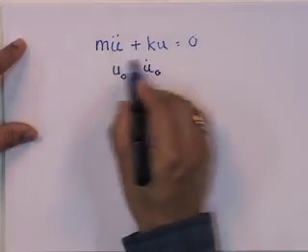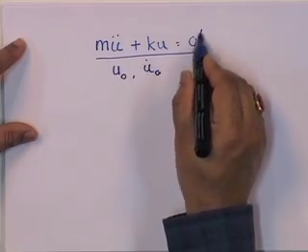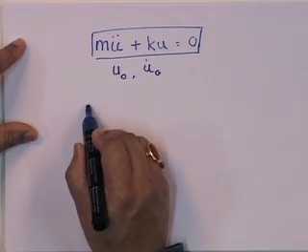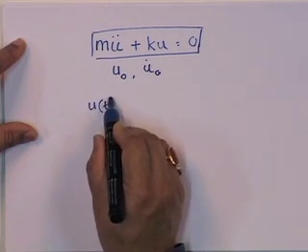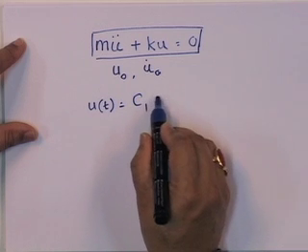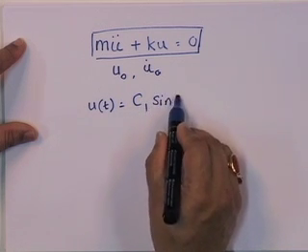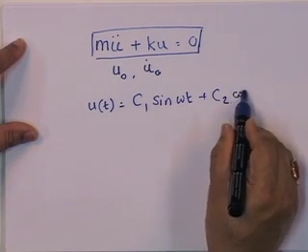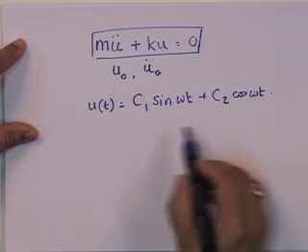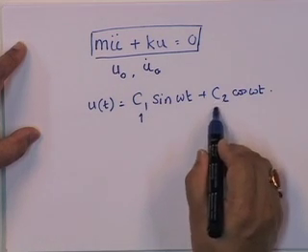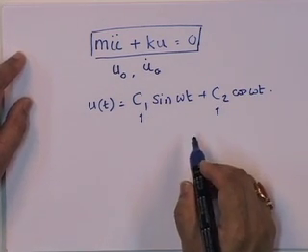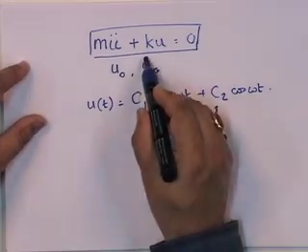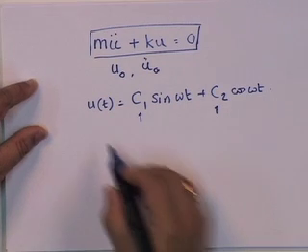And we saw that the solution to this equation turns out to be u of t equal to C1 sin omega t plus C2 cosine omega t, where C1 and C2 are real constants. And these real constants can be obtained from these initial conditions in this particular way.